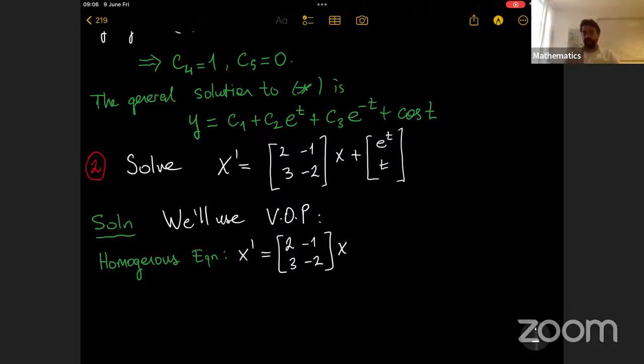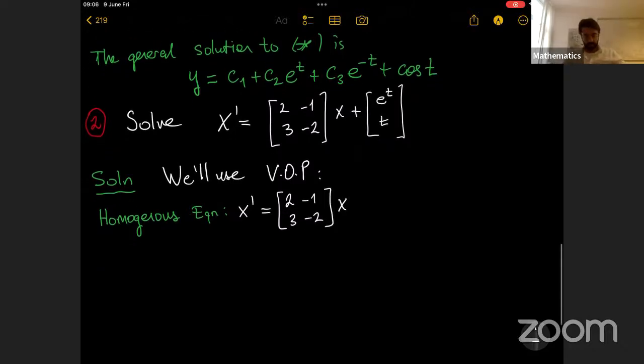Well, to solve this, we need to find eigenvalues and corresponding eigenvectors, right? Let's start with eigenvalues.